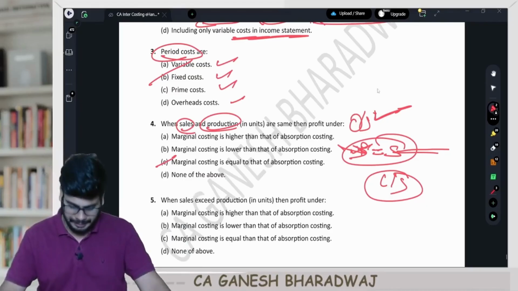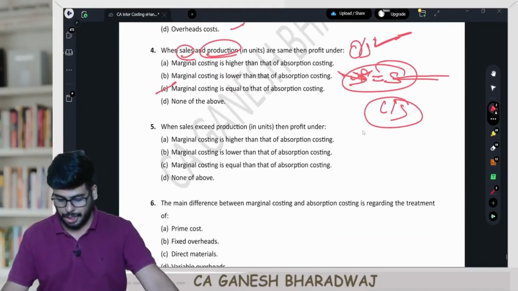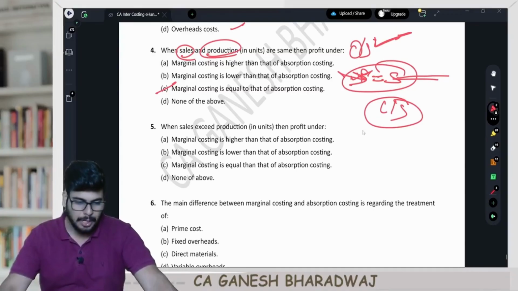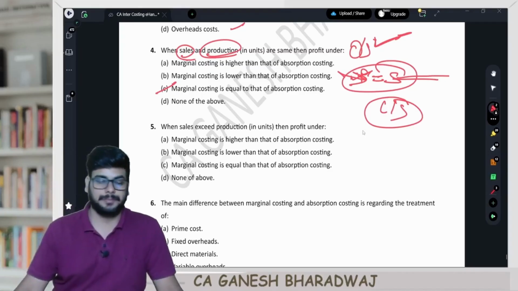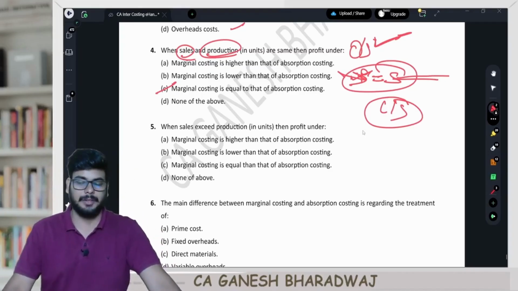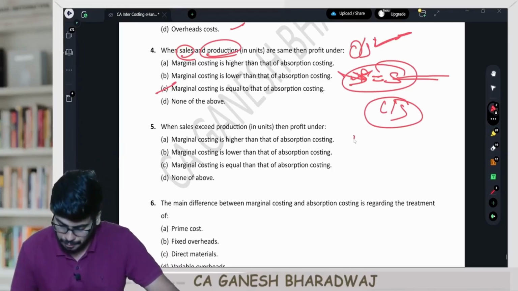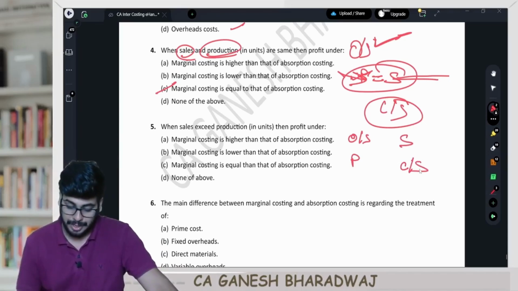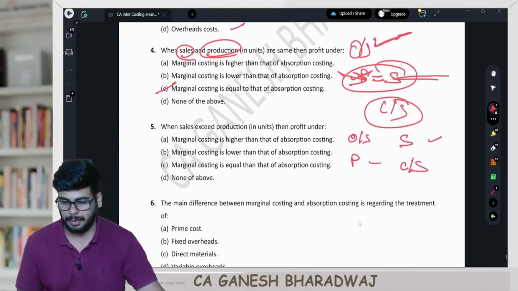Clear with this, guys? Next, when the sales exceed the production in units, what happens? When sales exceed the production in units, which reports more profit? A, B, C, D. Tell me. When my sales exceed my production, what happened?